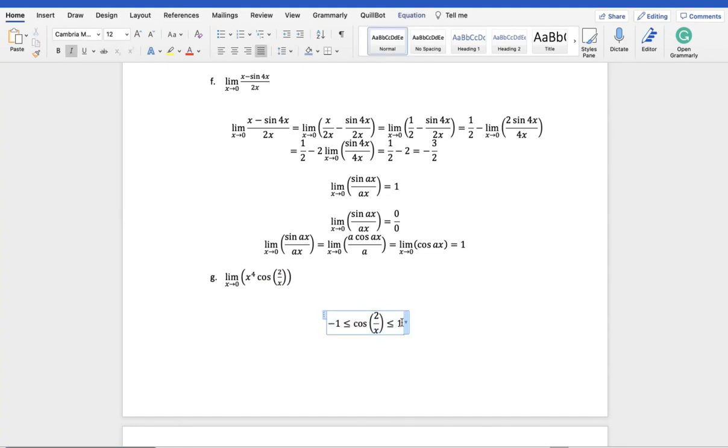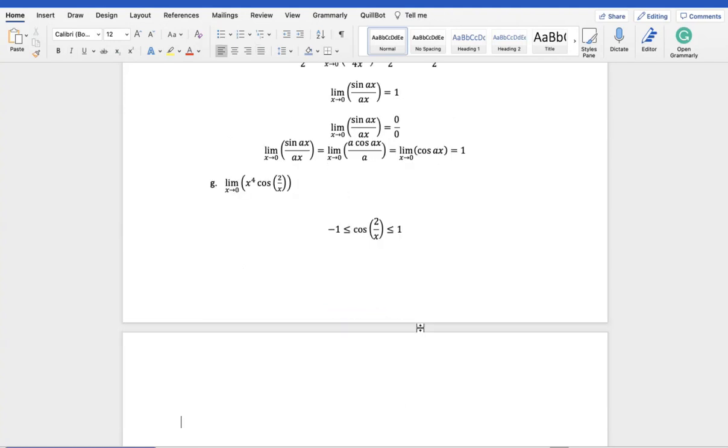Since x is raised to the 4, which is an even number, when you multiply it, it doesn't actually affect the sign of the inequality, because it's not a negative number. So you can easily just multiply like this without having to change the sign of the inequality.